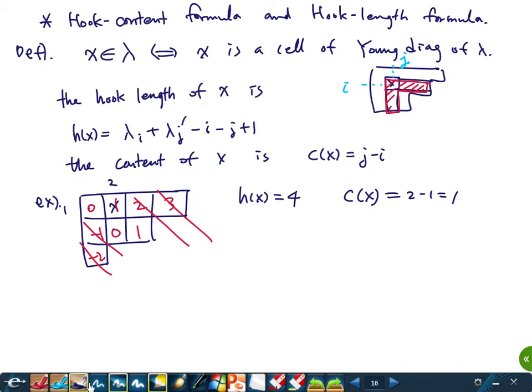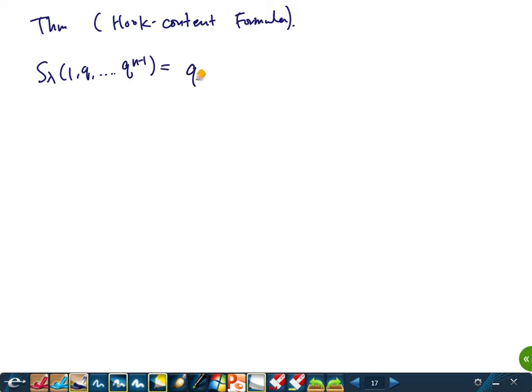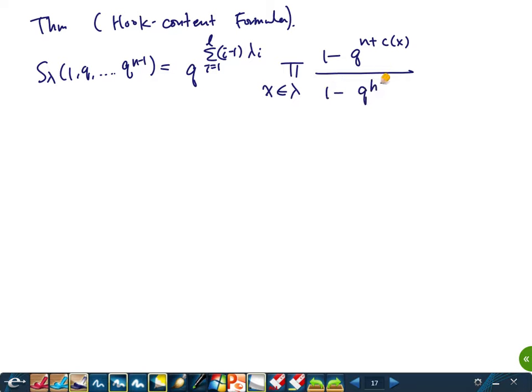And now, the hook content formula. S lambda of 1, q, q squared, up to q to the n minus 1 has a nice product formula, taking the product over all cells in lambda, where l is the number of parts.